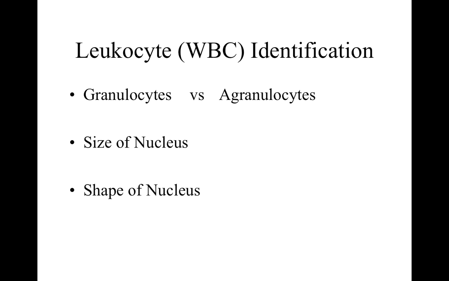For the T cells and the B cells, the nucleus takes up almost the entire cell. But for eosinophils, you have that bilobed nucleus. And generally, granulocytes are much larger than the red blood cells.